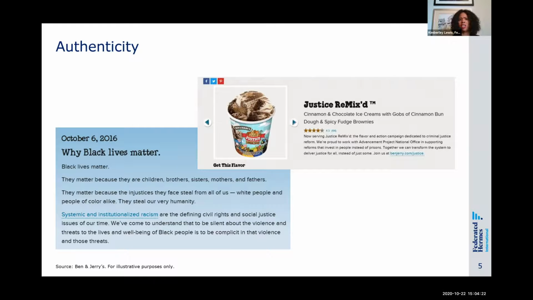Obviously, this gives the company a lot of credibility now, 4 years later, and it can do bolder things with its external statements. This company has incorporated social justice in its products, as you can see from this ice cream that it has released.